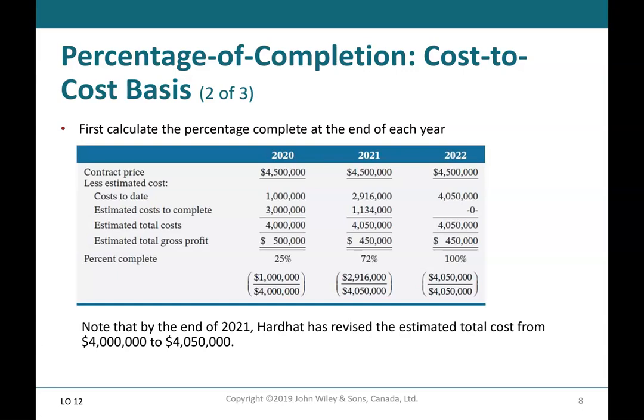Estimated total gross profit, 500,000. Percent complete, 25%. So if you take the 1 million divided by the 4 million, that's how you get the 25%. Note that by the end of 2021, Hard Hat has revised the estimated total cost from 4 million to 4.05 million.